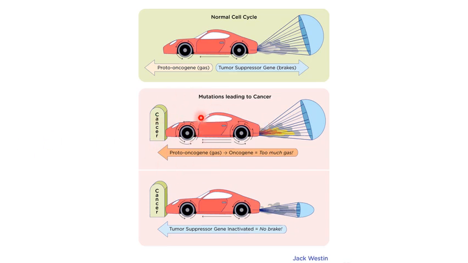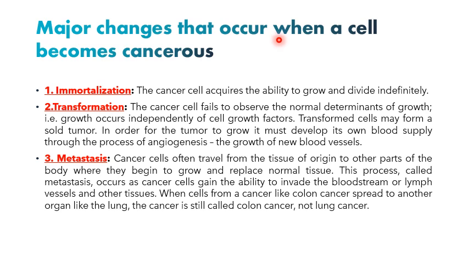So too much gas, or too many oncogenes, will lead to uncontrolled division, and no brakes, or no suppressor genes, will also lead to cancerous cells. There are changes that might occur in the cell, so we can call it a cancerous cell. The immortalization, where they will divide very fast and at high frequency.